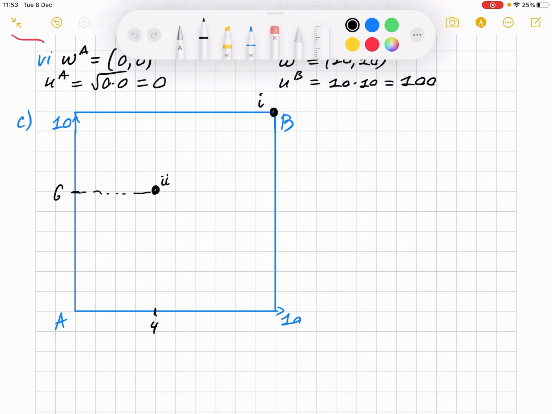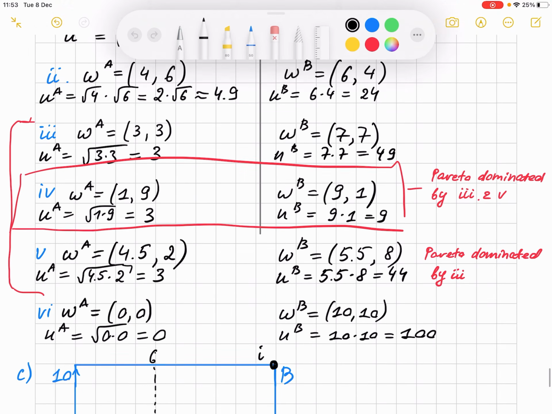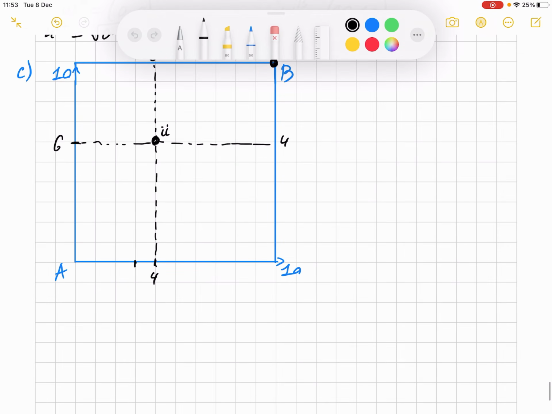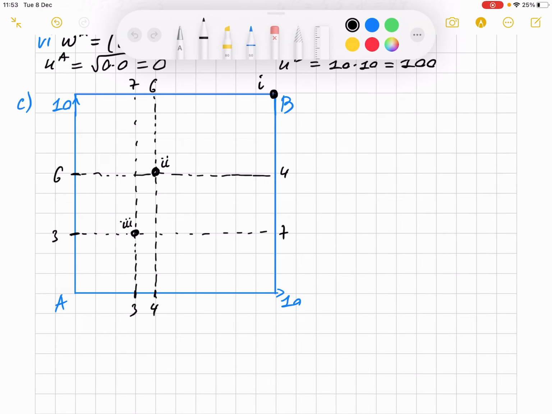So agent A has 4 and 6, and agent B will have 6 and 4. Then for the third allocation we have 3, 3 and 7, 7, so agent A has 3 and 3, and agent B has in the same way 7 and 7.